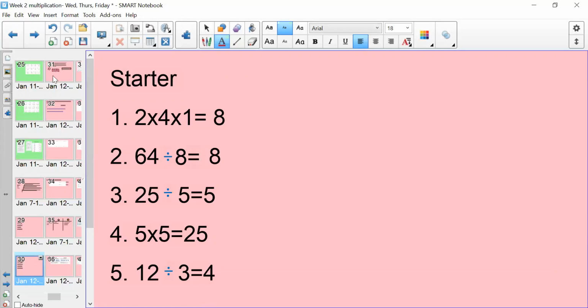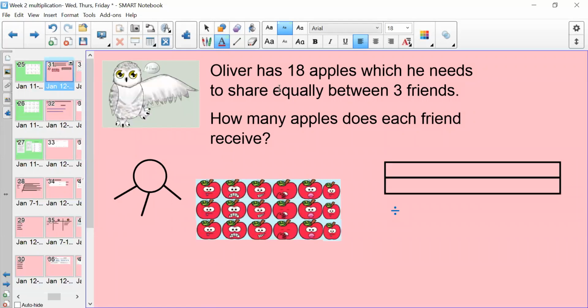Okay, so the big question today is, Oliver has 18 apples, which he needs to share equally between 3 friends. How many apples does each friend receive? When you're thinking about this question, even if you know the answer automatically, that's great. I still would like you to see if you can put that answer into a bar model.